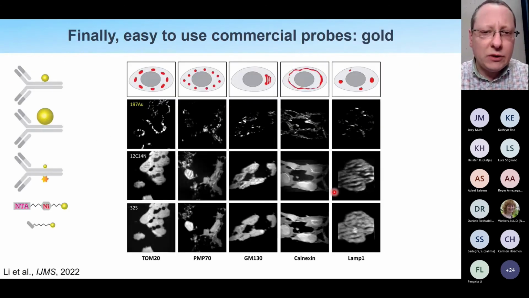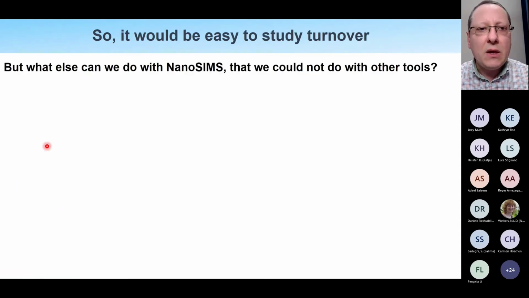And you can actually do it, and it turns out with a medium-sized gold, you get a very good performance. If the gold is too big, you get a sparse labeling. If the gold is too small, you get a good labeling, but you don't see the gold because it's just too little gold in there. With a medium size, about 6 nanometer gold, you get pretty good performance, and you can see your stuff quite well. So that was good.